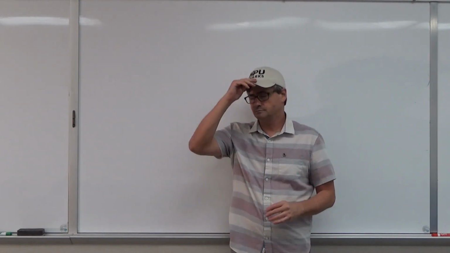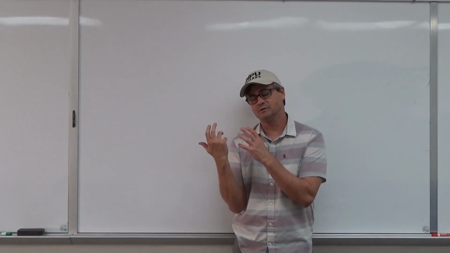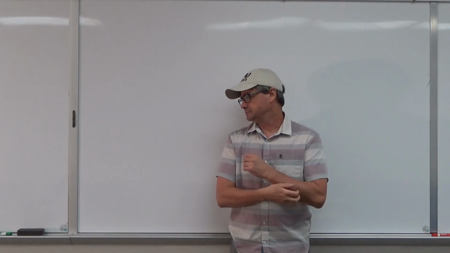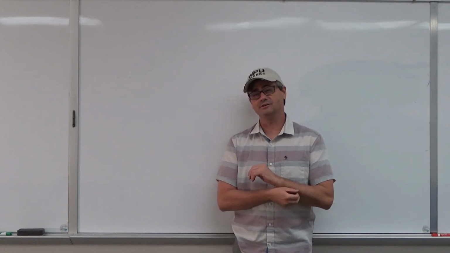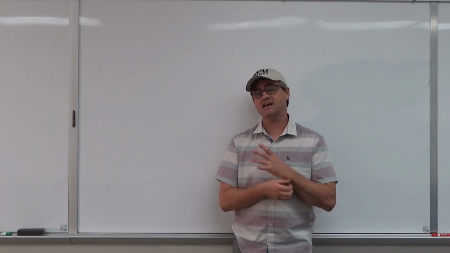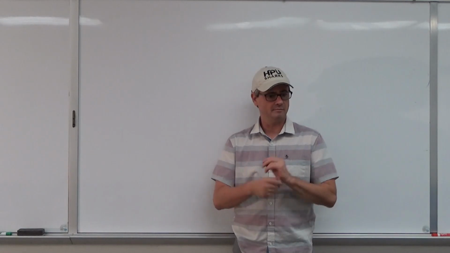I want to teach you the difference between them so that you know it. We still use them pretty interchangeably in society, and I have to catch myself not interchanging them.